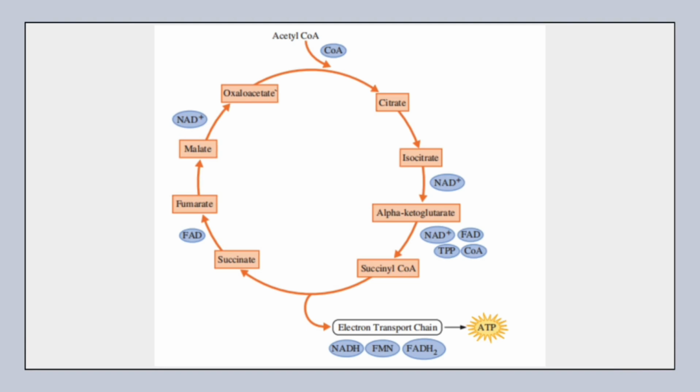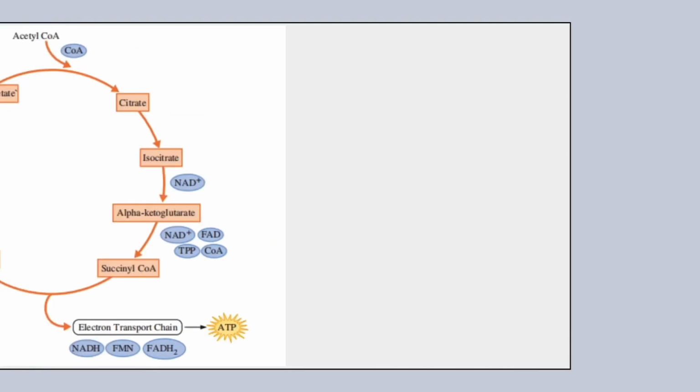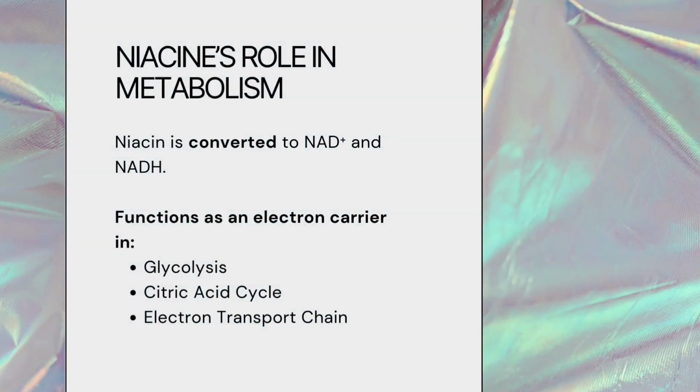vitamins. First, niacin, also known as vitamin B3, is a precursor to the coenzyme nicotinamide adenine dinucleotide. Once converted into NAD+ and reduced to NADH, it plays a pivotal role in metabolism by acting as an electron carrier in energy-producing pathways.